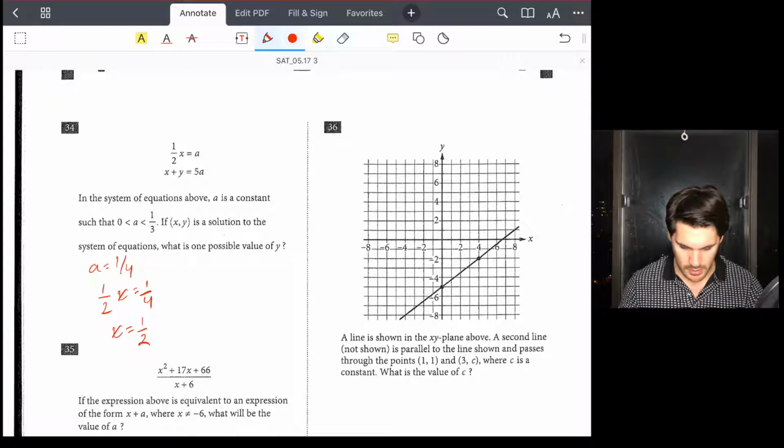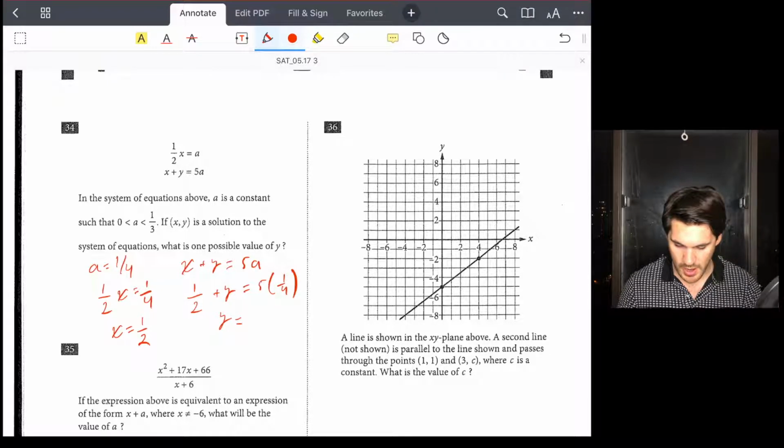Okay. Beautiful. Now we know that x plus y equals 5a. So 1/2 plus y equals 5 times 1/4. So that means that y equals 5/4 minus 1/2. 1/2 is the same as 2/4.